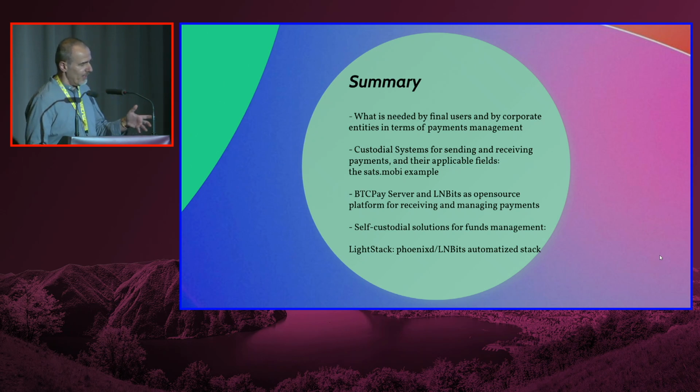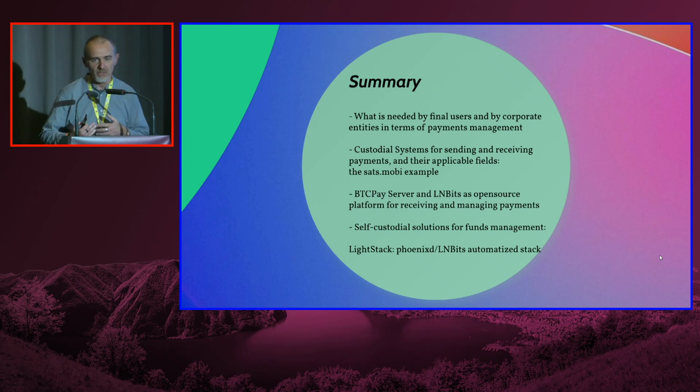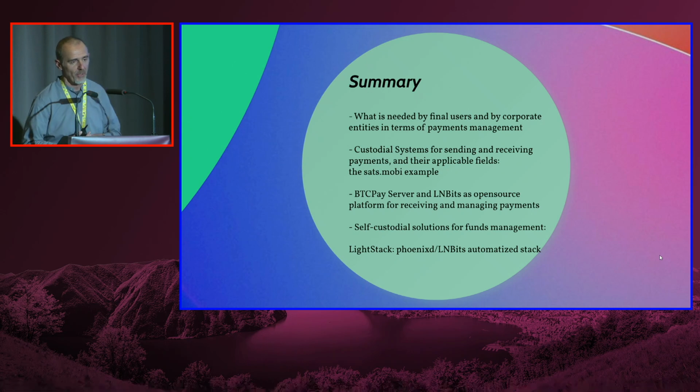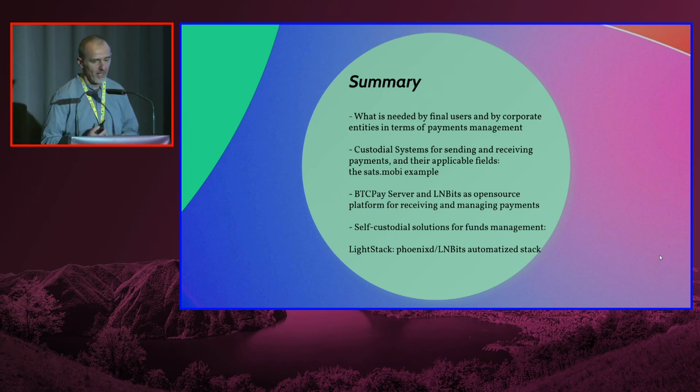So we will see custodial and non-custodial systems for sending and receiving payments. We will see the importance of the UX for newbies coming into the Lightning Network. We will see this sats.mobi example as a simple, UX-friendly system in the custodial ecosystem.